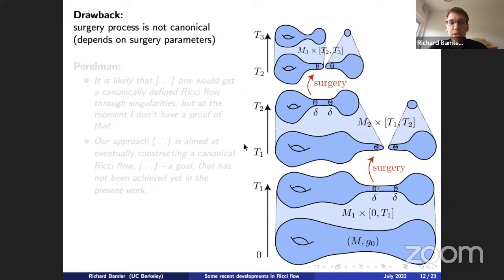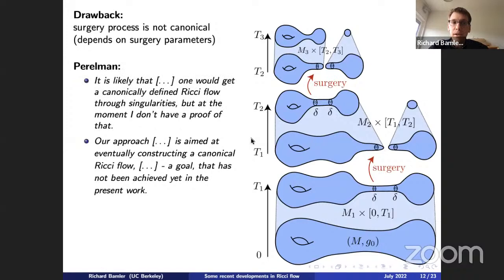Moreover, it somewhat depends on the location of the necks where we perform the surgery. And even worse, if we went back in time, let's say to time t1, and decided to perform the surgery slightly differently, then this could a priori completely change the evolution of the flow later, and also the space of possible surgery parameters. So there are many, many Ricci flows with surgery starting from a given initial condition.